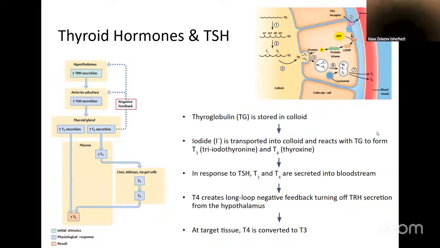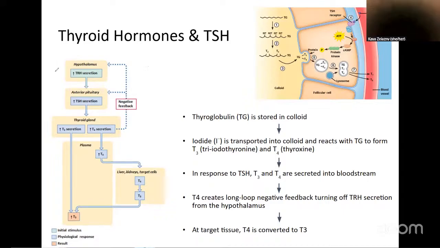Okay. So this is our summary of how the whole pathway works if we're going to make these thyroid hormones. I'll walk through what it takes to get here before we get to the thyroid.